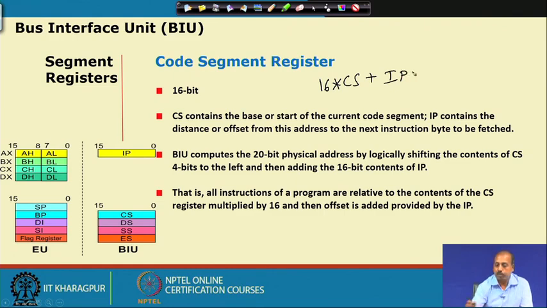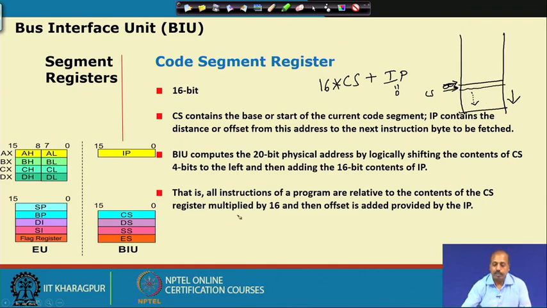If I initialize the code segment to point to the first location, the CS register holds this location's address, and IP is made equal to 0. When accessing the first location, 16 times CS plus IP accesses it, and then IP is incremented in subsequent accesses to reach the following locations. So, IP contains the offset and CS contains the base value, and that way the access is done by the code segment register.